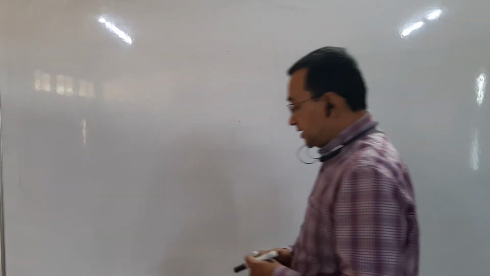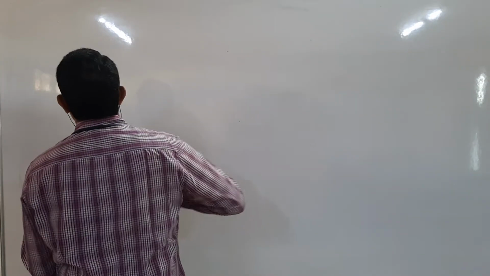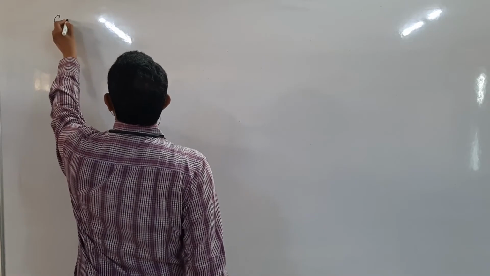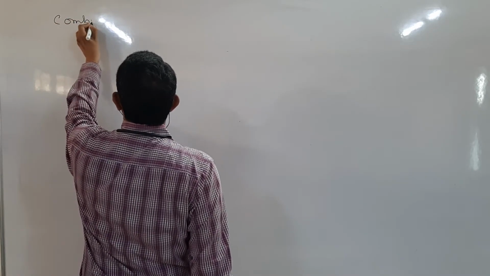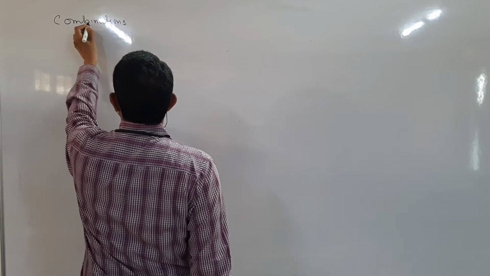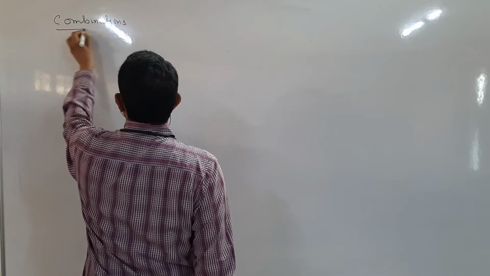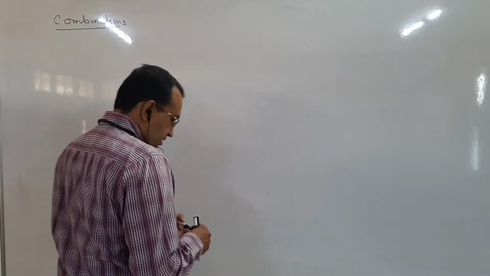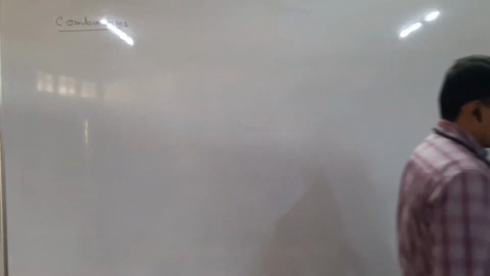We have discussed the basics of combination. Students, in the previous lecture, we have discussed the basics of combination, which once again I am discussing. And then we go for the sums.